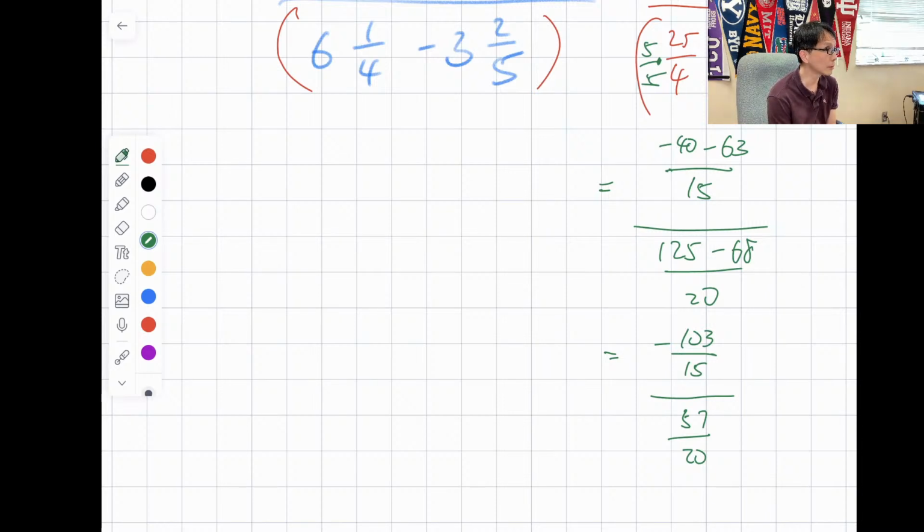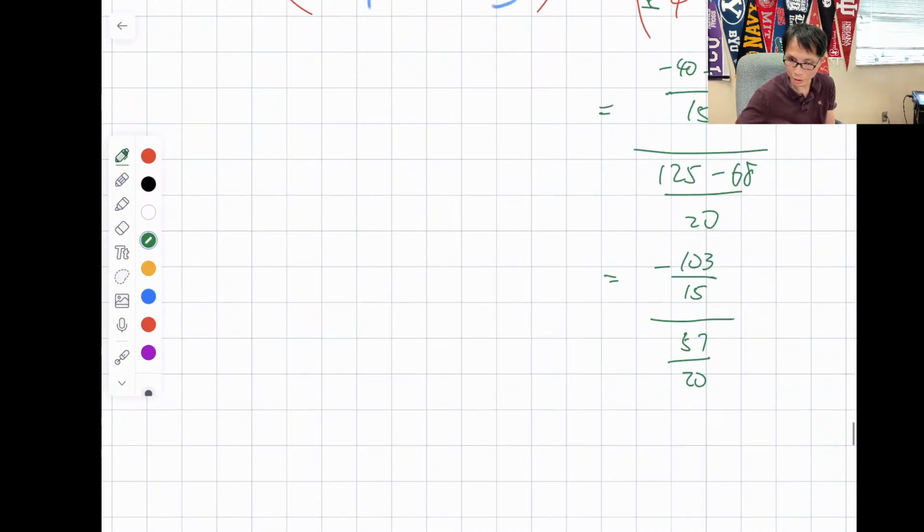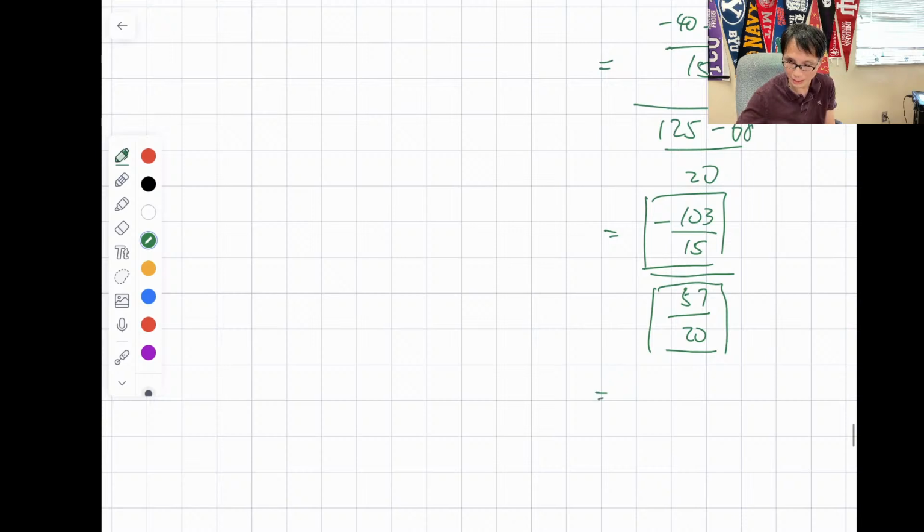It's okay. So you have two fractions divided by each other, right? So you can divide it like this, times 20 over 57. Do you see anything you can simplify here? Because I don't want to multiply 15 by 57. I want to make the numbers smaller.